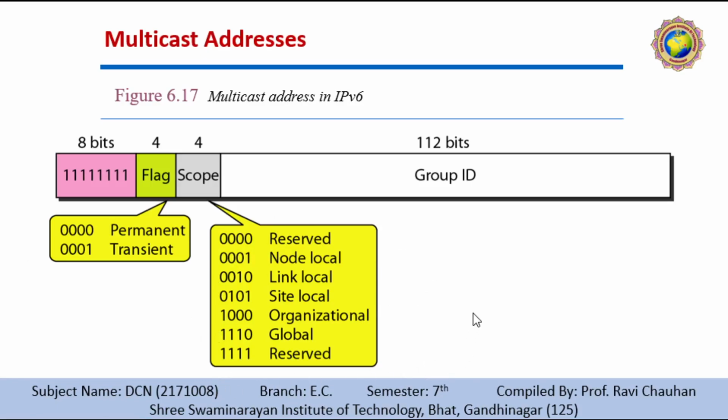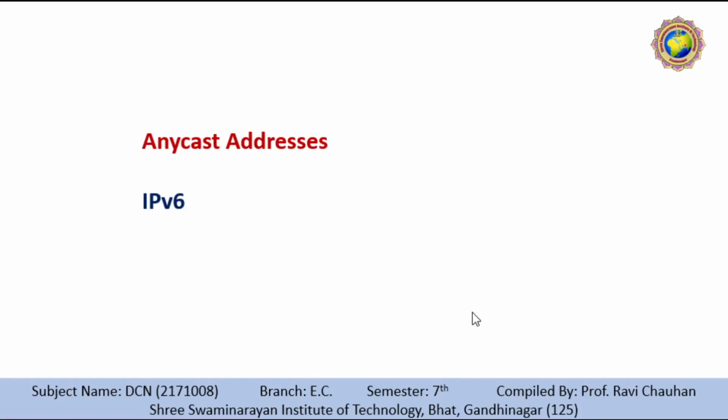Next is Anycast. IPv6 also defines an Anycast address. An Anycast address, like a multicast address, also defines a group of nodes. However, a packet destined for an Anycast address is delivered to only one of the members of the Anycast group, the nearest one, the one which has the shortest route.